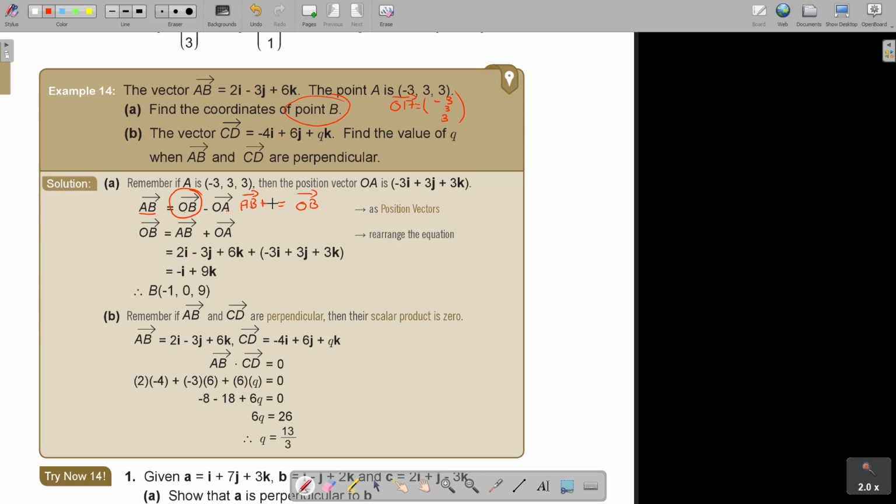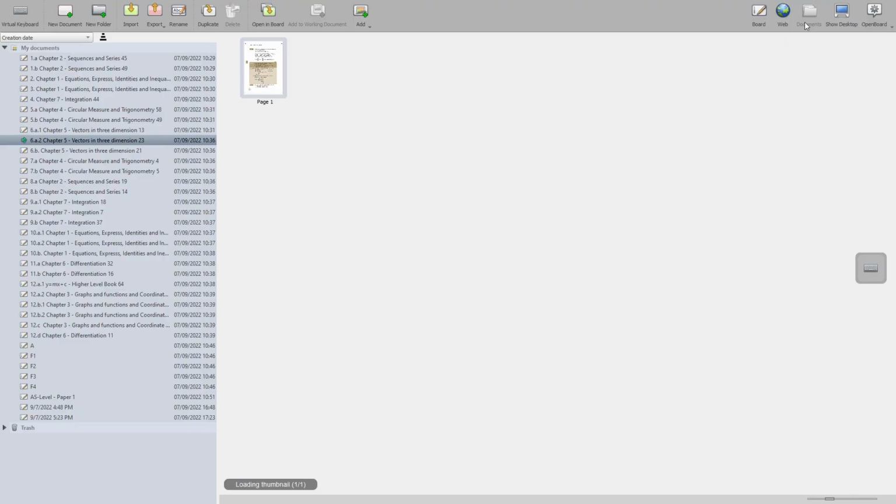And this one is OA. Are you with me? That is what I showed you there. And then I'm just working it out. As soon as I have the position vector, I can write down the coordinate. So keep that in mind when you go back to the question. Let's just get that question.